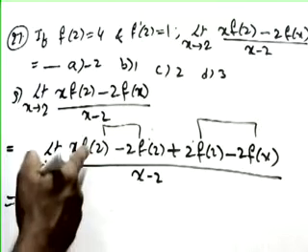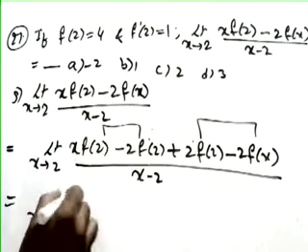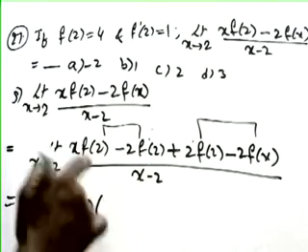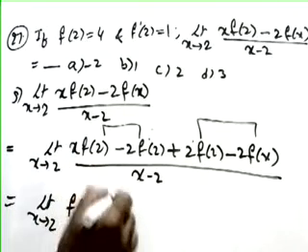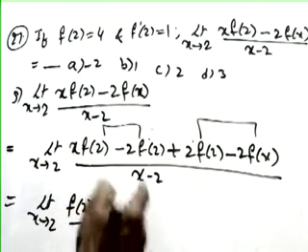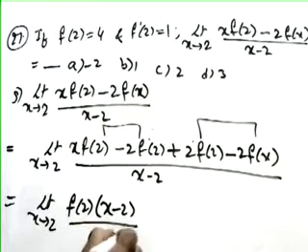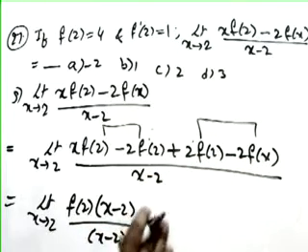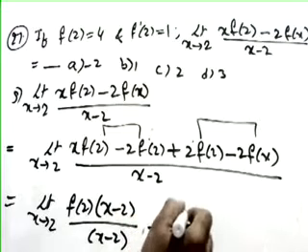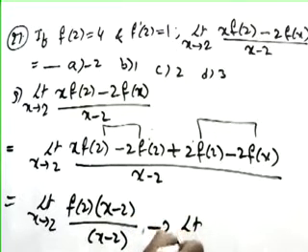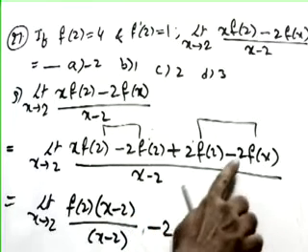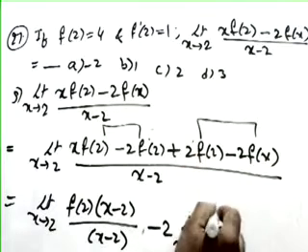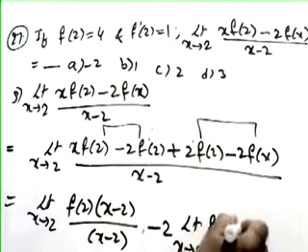Now watch here, limit x tends to 2. If you take f of 2 common from this 2, what is left here? It is left with x minus 2, divided by, let me separate this one, x minus 2. Plus, now let me take common from this 2. I am taking minus 2 common from this 2. If you take minus common, this will become plus, this will become minus.